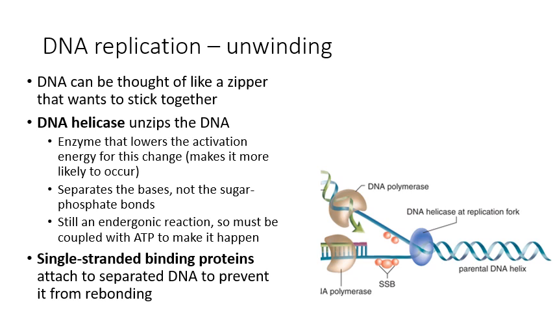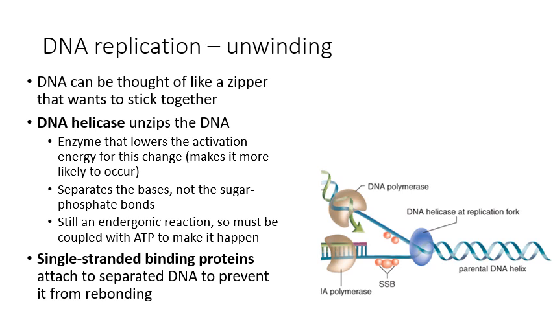So we use an enzyme to make sure our activation energy is low, but we still have to be expending energy in the form of ATP. So as we add in ATP, DNA helicase unzips and separates the individual strands of the DNA.